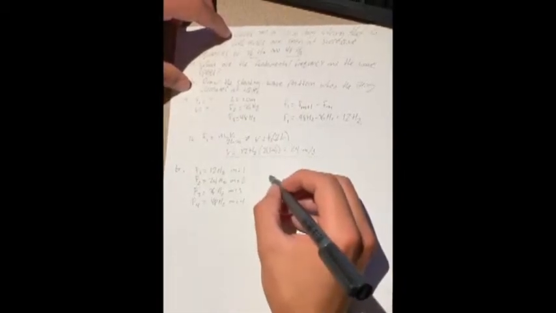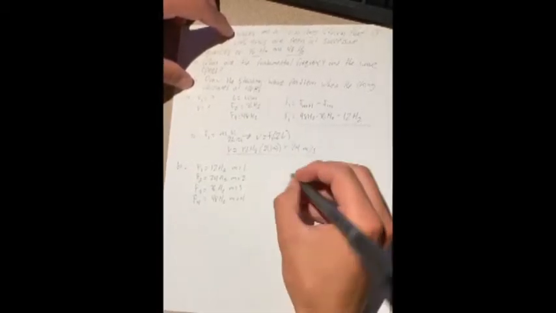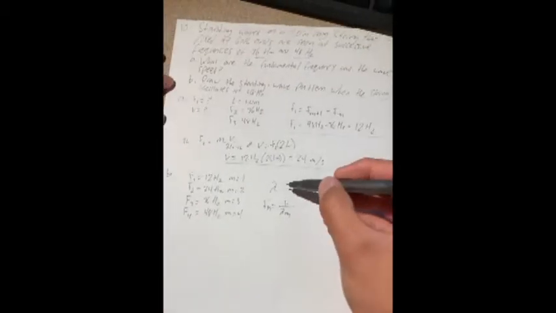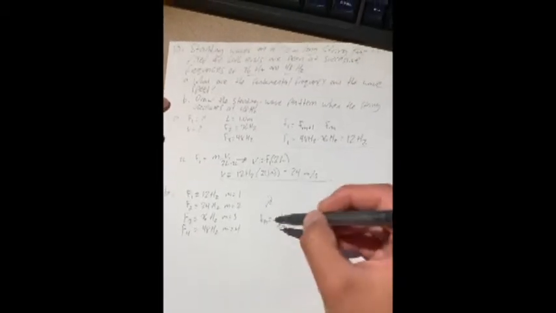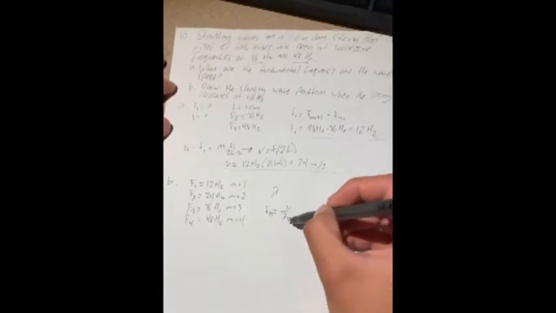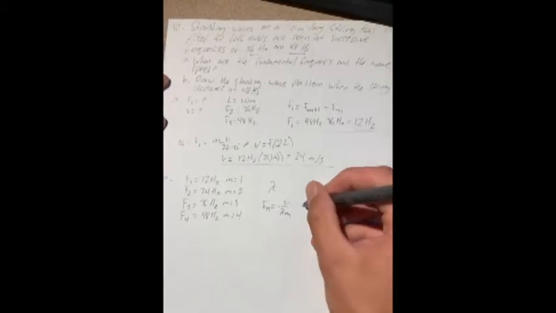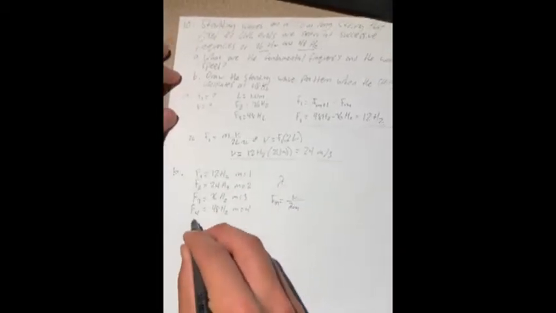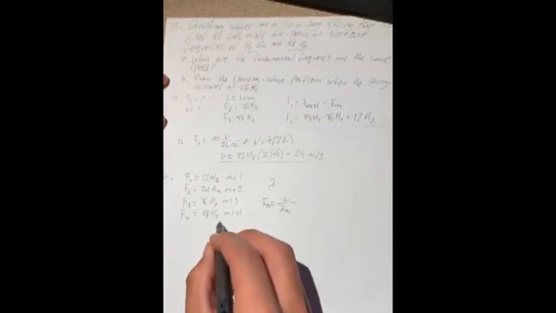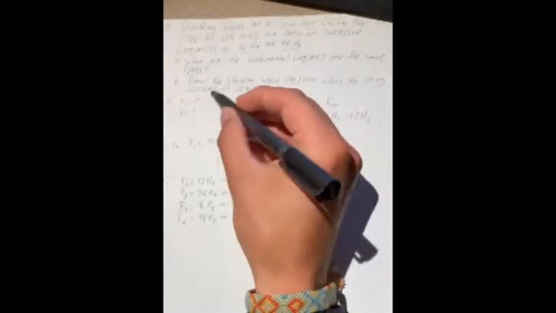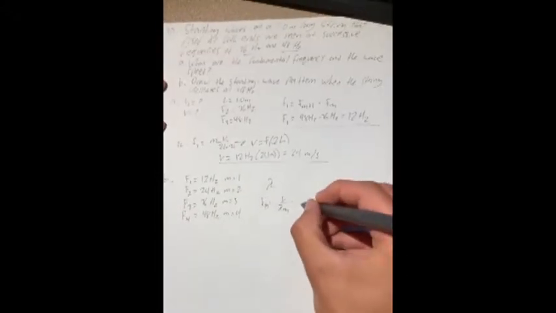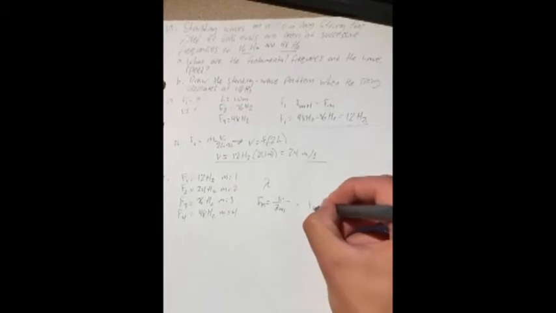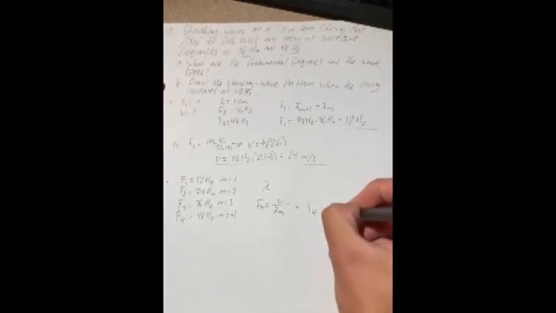So now we're going to need to find the wavelength lambda. In order to find the wavelength, we're going to use the equation F m equals v over lambda m. We're going to use the fourth frequency, which is 48 Hertz, because it's asking us to draw the string oscillating at 48 Hertz. So F4 is equal to v over lambda 4.